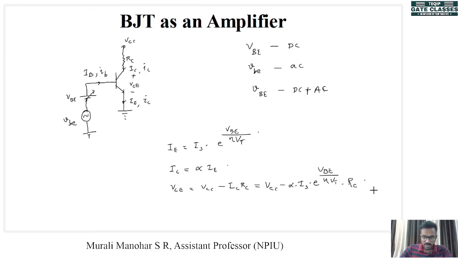So from this equation, let's call it equation number 3, we can arrive at a relation for input and output voltages. If we are giving vBE here, that means vCE will be equal to VCC minus alpha IS into e to the power vBE by eta VT into RC.